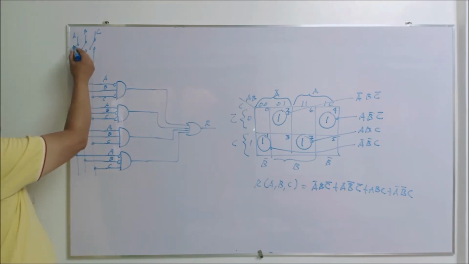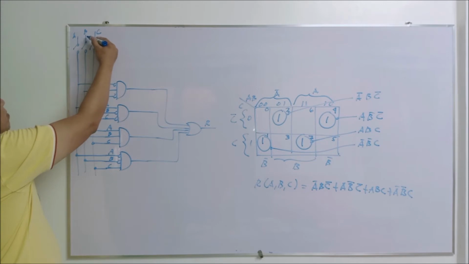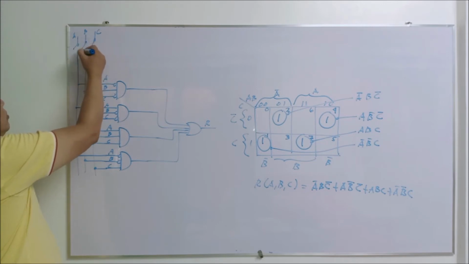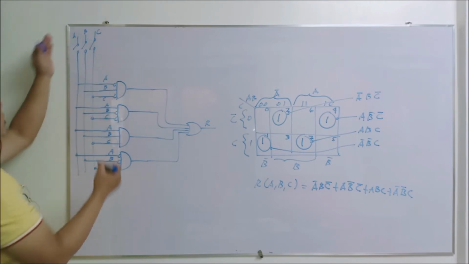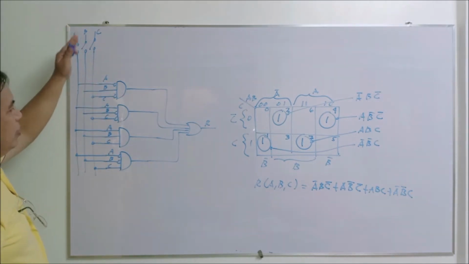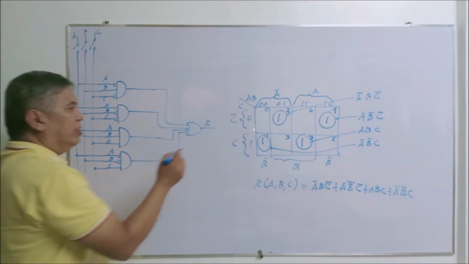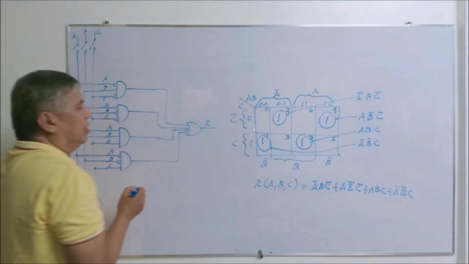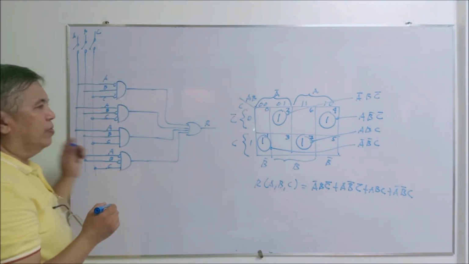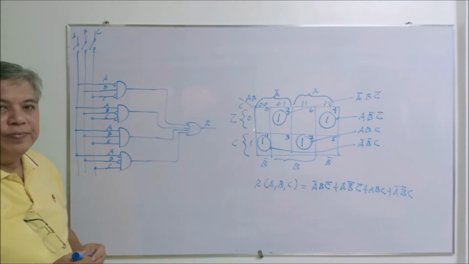So this is switches A, B, and C. If switches A, B, and C are closed, that means that this will be connected here. So that means that A, B, and C are 1. Then your relay here will turn on, and therefore R is equivalent to 1.